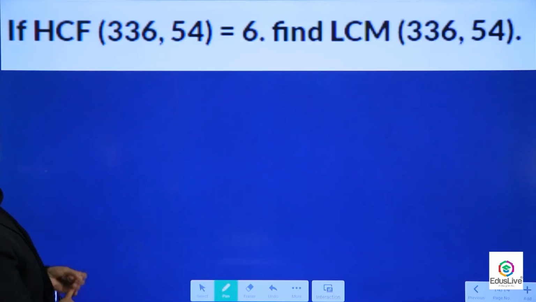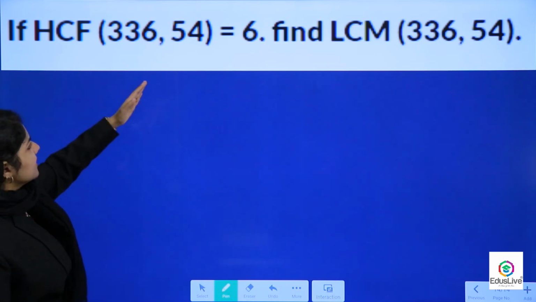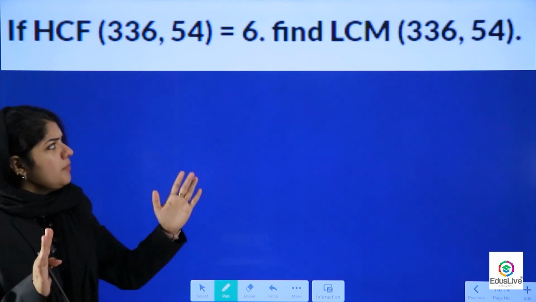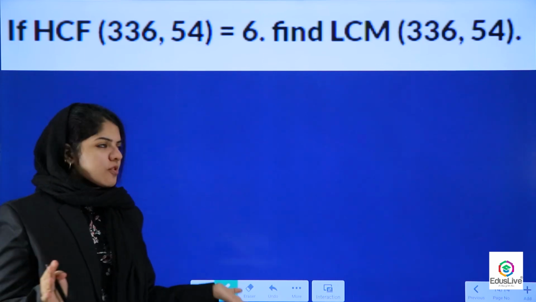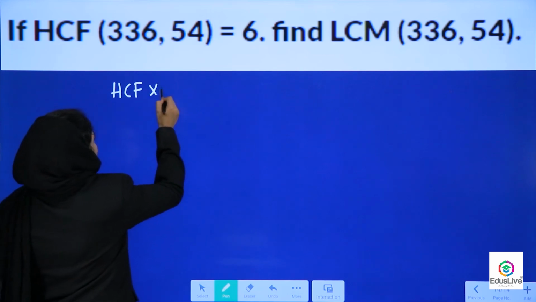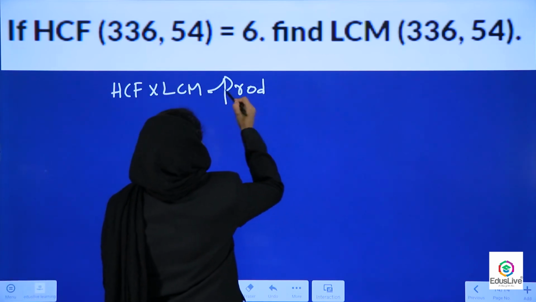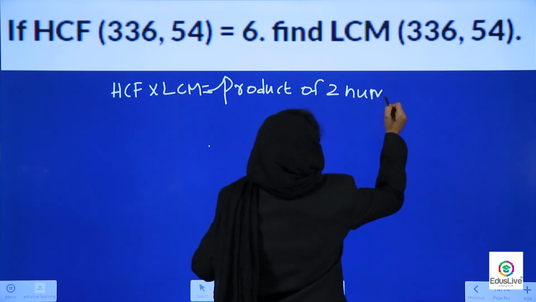Next question. If the HCF of two numbers 336 and 54 is 6, find the LCM of these same two numbers, 336 and 54. So this is similar to the previous question. We know the formula: HCF times LCM is the product of two numbers.